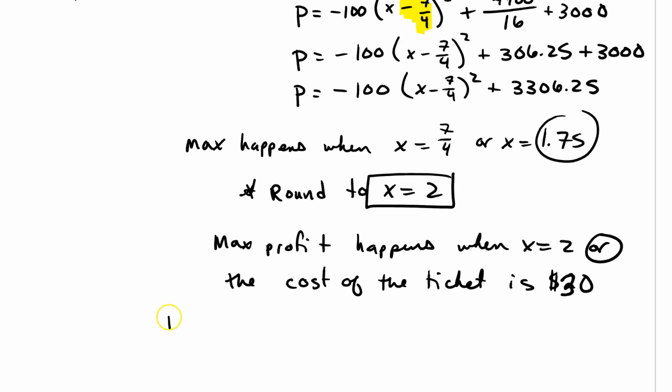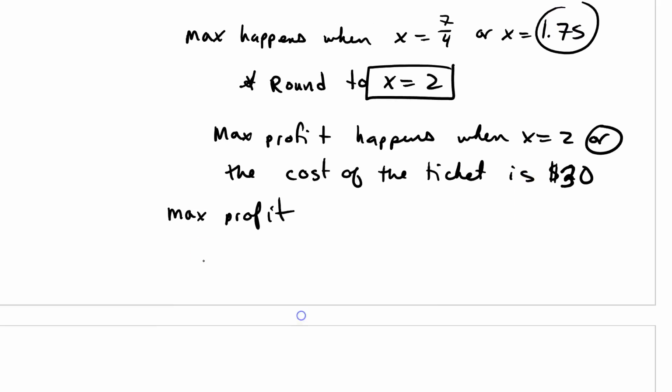And the max profit, you can't just read it off of this because we had to round this number. So we have to go into our original equation. Profit equals price times the number of students.